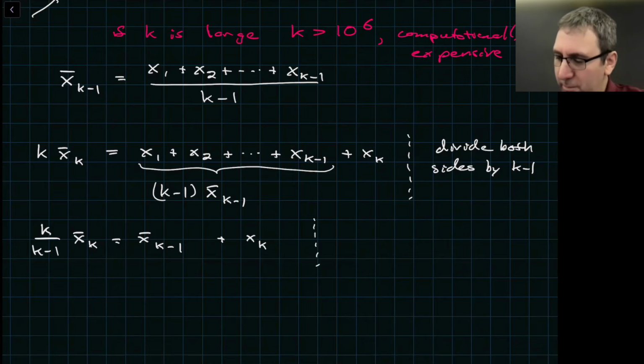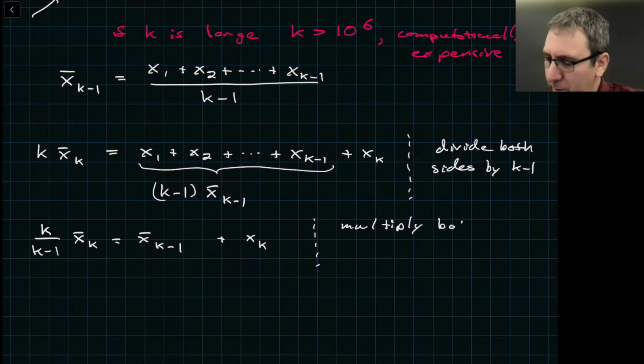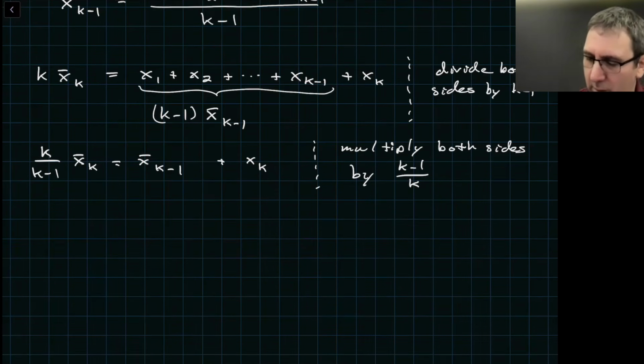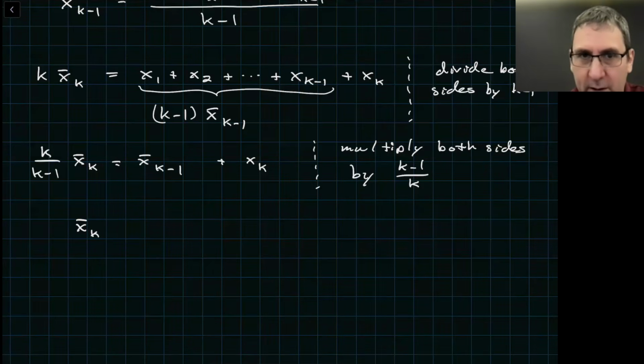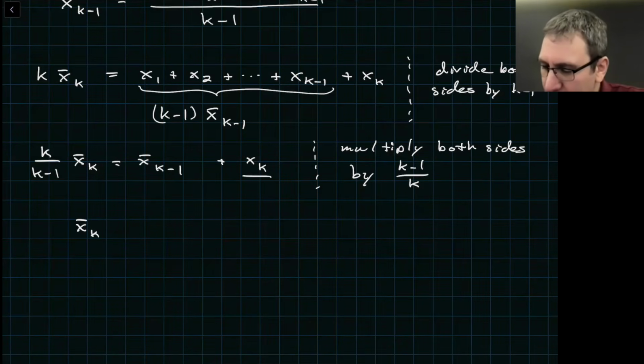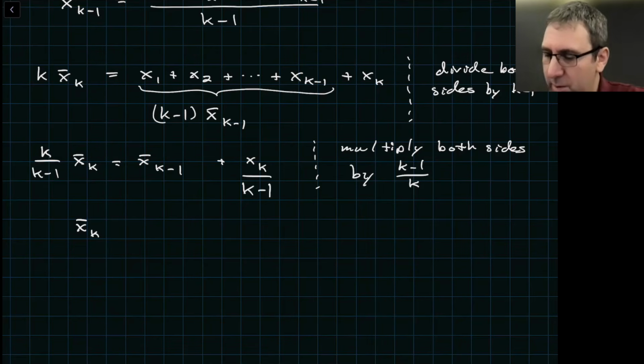I'm going to put this in another form, because I want to have x bar k by itself. So we're going to multiply both sides by k minus 1 over k. And what do we get? x bar k. Oh, I think I forgot to put this: this has a k minus 1 over it.